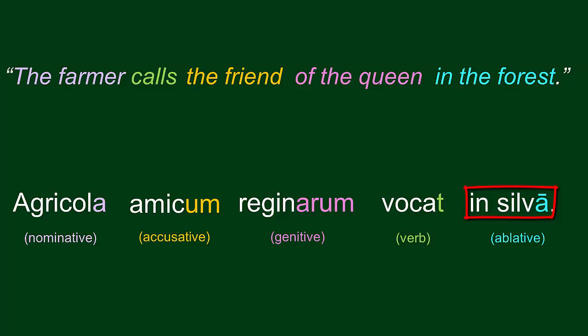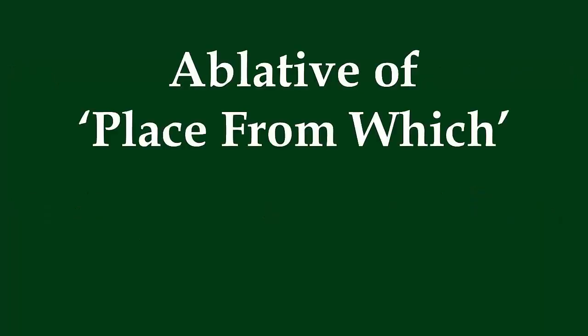But remember, we said that the ablative case has a few functions. The second use of the ablative that we're going to learn also deals with location, but in this case, rather than telling you where someone or something is located, it indicates the place that they left or are coming from. That is why this use of the ablative is called the ablative of place from which.